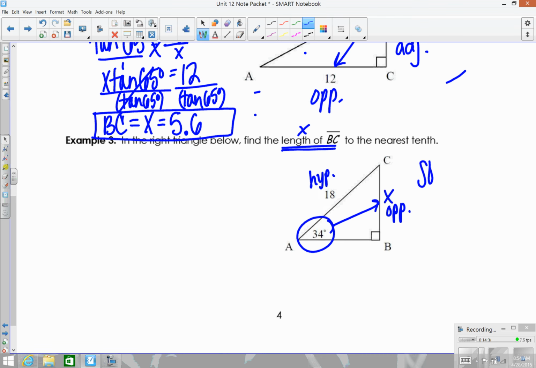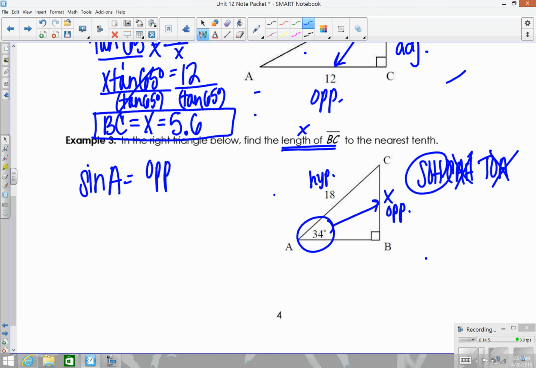Then when I look at this in terms of Sohcahtoa, I don't have the adjacent side labeled, which tells me I'm not using either of those, and I'm going to be using sine. So sine of angle A equals opposite over hypotenuse.